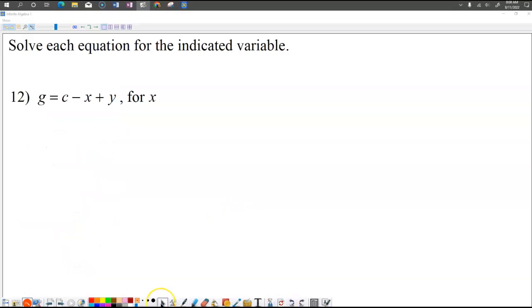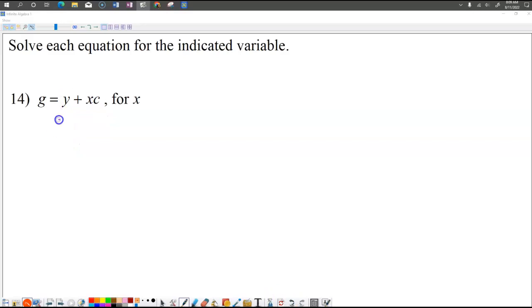Okay? All right, let's go ahead and take a look at number 14, we want to solve for x here. So I need to get rid of two things to get that x by itself. I need to get rid of the c, and I need to get rid of the y. To get rid of the c, we would divide the c, and to get rid of the y, we would subtract the y. And we always do the subtraction or addition first, followed by the division or multiplication second.